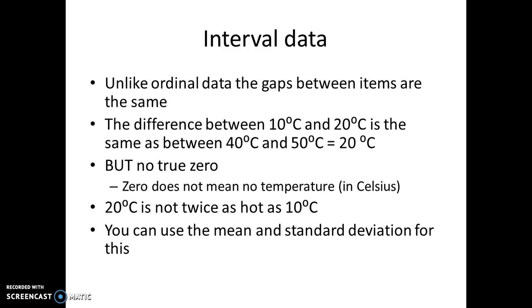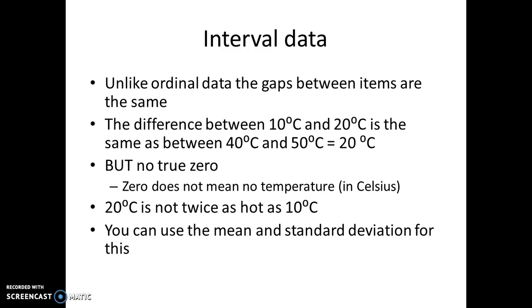And this is important because we can now say that the difference between, for example, 10 degrees Celsius and 20 degrees Celsius is a fixed amount, namely 10 degrees Celsius. And we know that distance is exactly the same as the distance between 40 degrees and 50 degrees. So we can really start to use real numbers now to represent the way that the world is. But there's no true zero in this particular case.